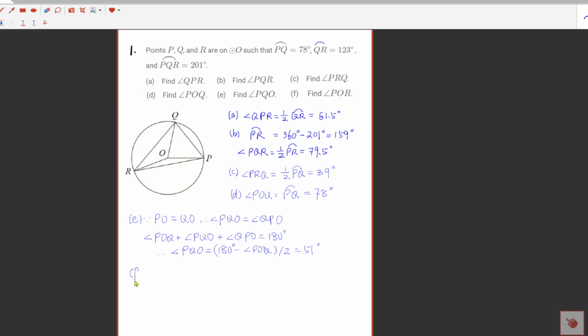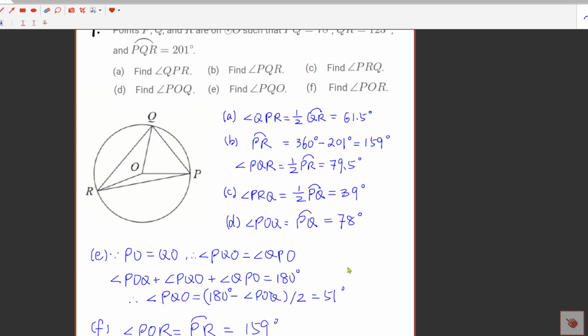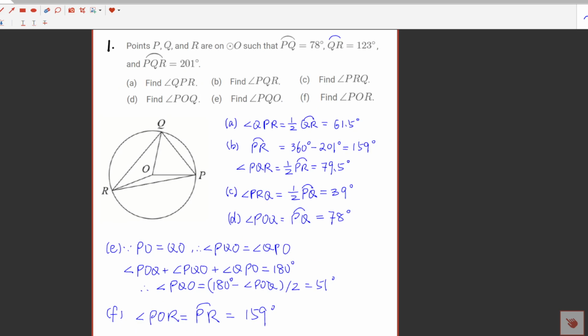Okay, then last question, question F. Angle POR is simply the measure of arc PR, which is 159 degrees, right? Okay, so have a look at the solution here.